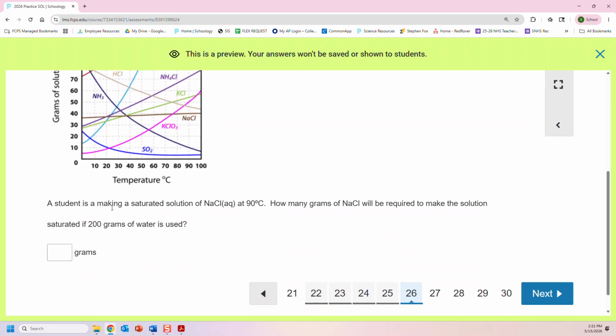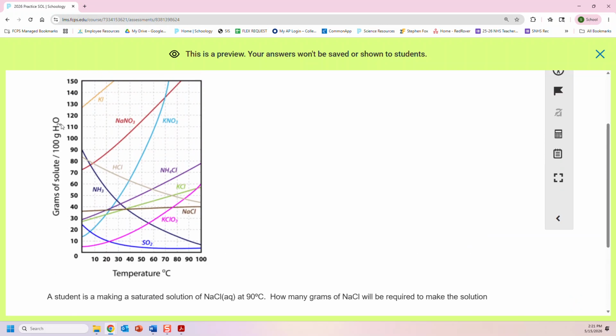Okay, so a student is making a saturated solution of sodium chloride, so they're trying to dissolve the maximum amount, okay? And they're dissolving it at 90 degrees Celsius. We want to know how many grams of sodium chloride would be required to make a solution that is saturated if it's 200 grams of water. Okay, so that's the key. Remember, the chart says per 100 grams of water. So we'll go to 90 degrees, we'll go to sodium chloride, it falls right on 40.